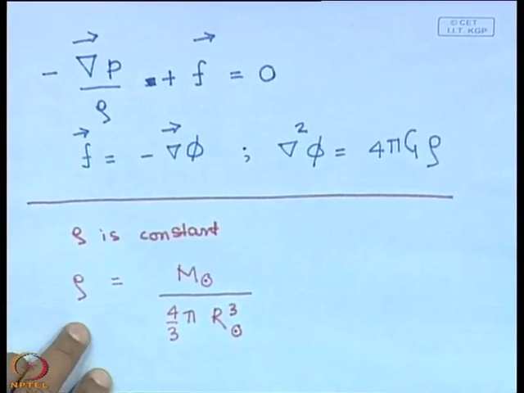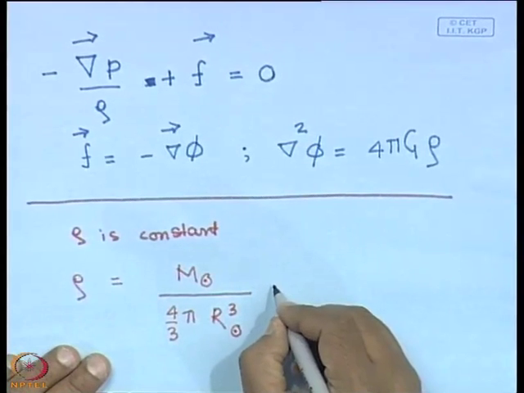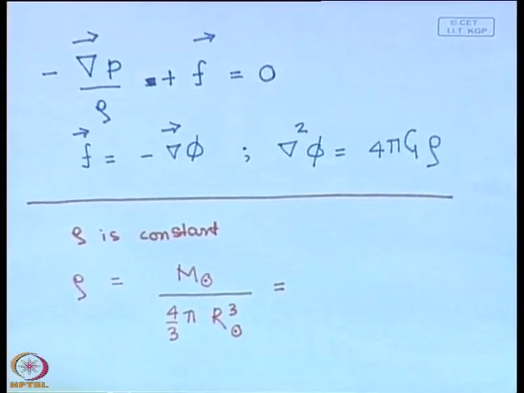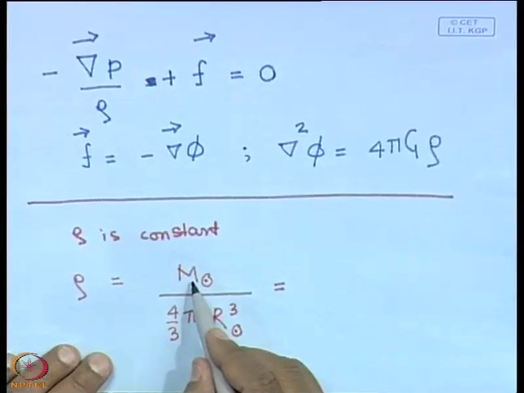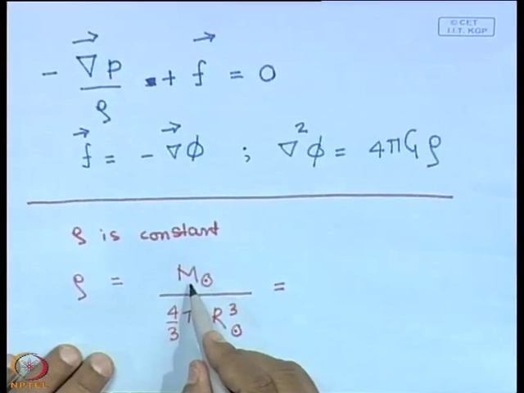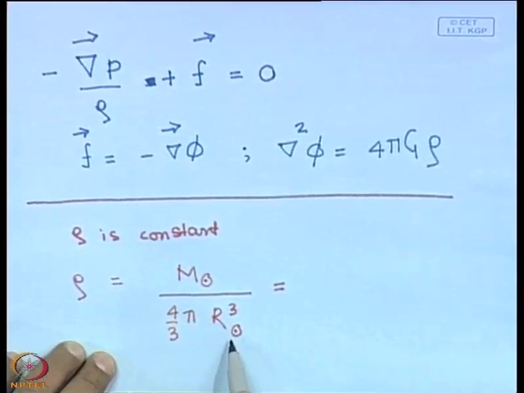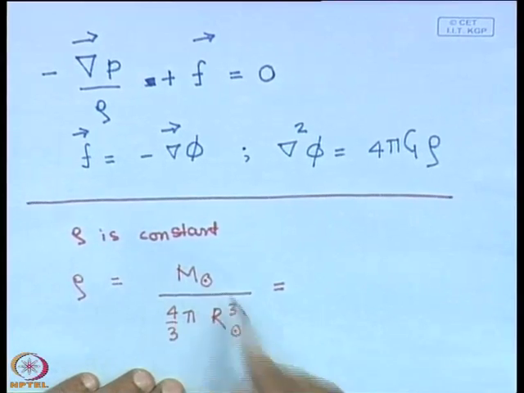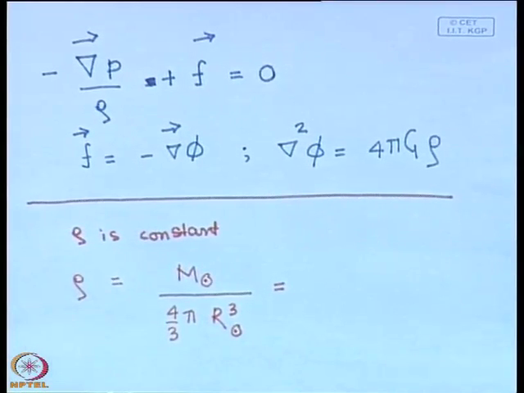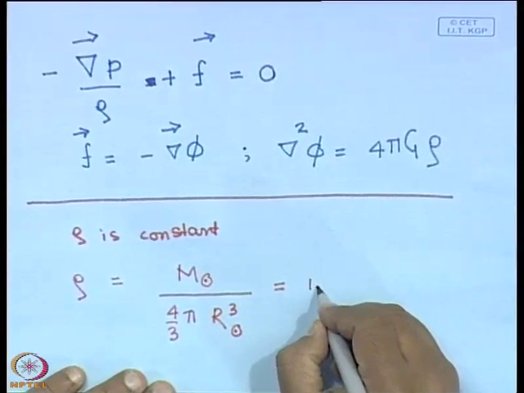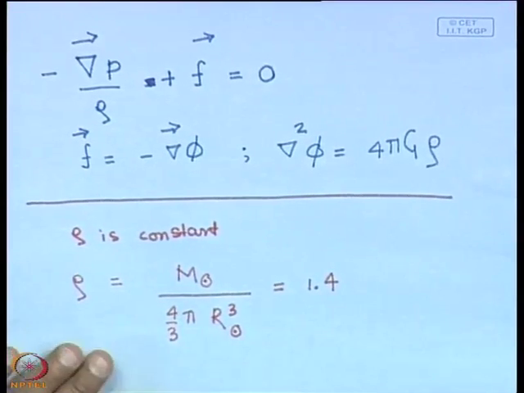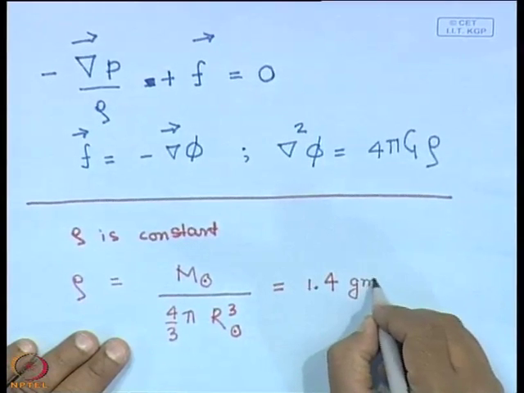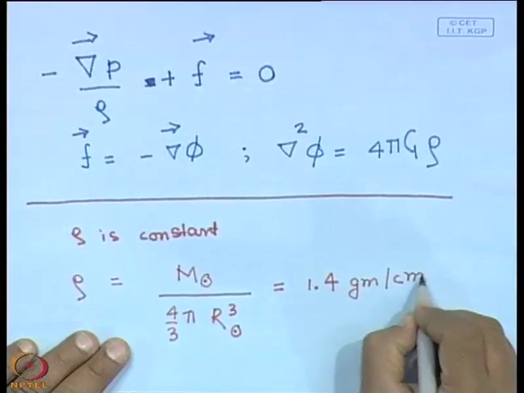We will assume that this density holds throughout the entire sun. If you put in the values, this is 2 times 10 to the power 30 kilograms, and this is 6.96 times 10 to the power 8 meters. If you put in all of these numbers, the mean density of the sun comes out to be 1.4, let me express it in grams per cubic centimeter.